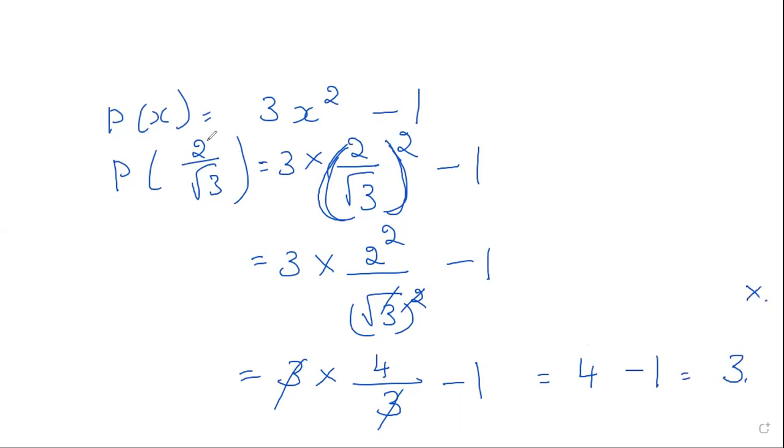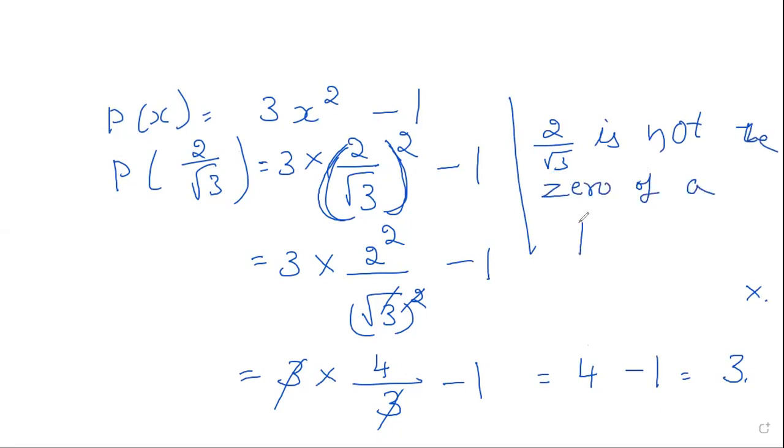So the value of x, that is 2 by root 3, is not a 0 of the polynomial.